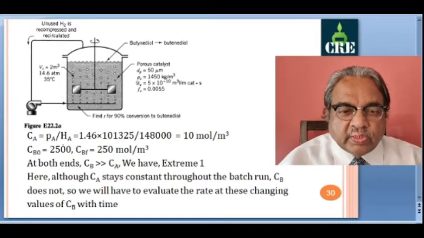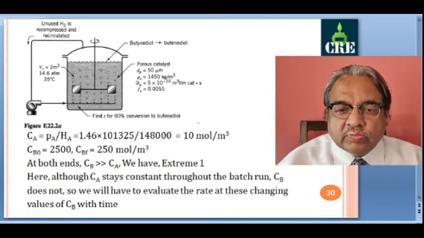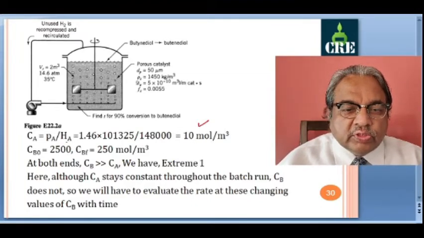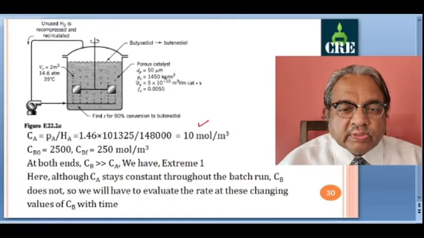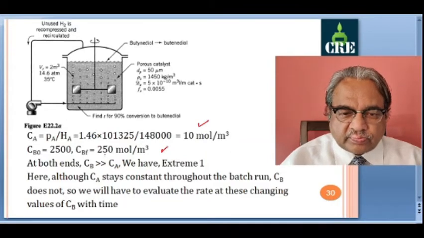So Ca is Pa by Ha, so that it comes out to be 10 moles per meter cube. Cb0 is 2500, 90% conversion means 10% remaining is 250. So Cb0 and Cb final values are known. This value is 10 and even at the end it is much more, 25 times. So Cb is greater than Ca at both the ends.